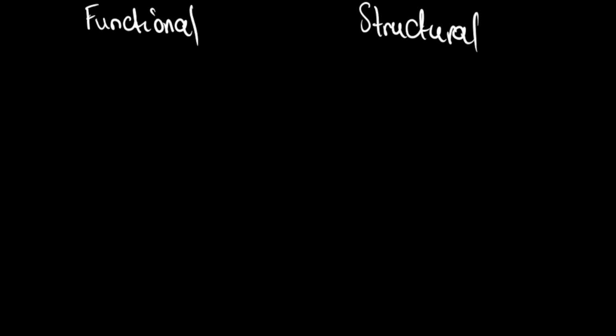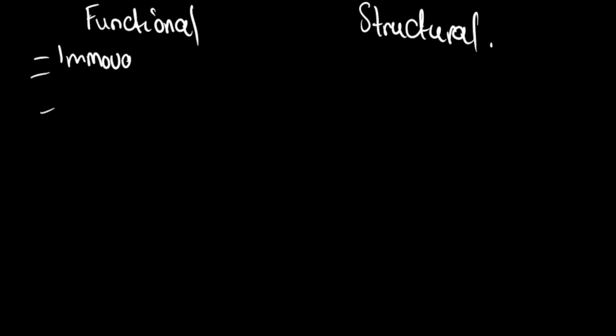Joints are classified under two major headings. Okay, so joints could be classified functionally, so we have the functional classification of joints, and joints could be classified structurally. So we have the structural classification of joints. Now, under the functional classification of joints, this tells us whether or not the joint is movable. Okay, so we could have a joint that is totally immovable.